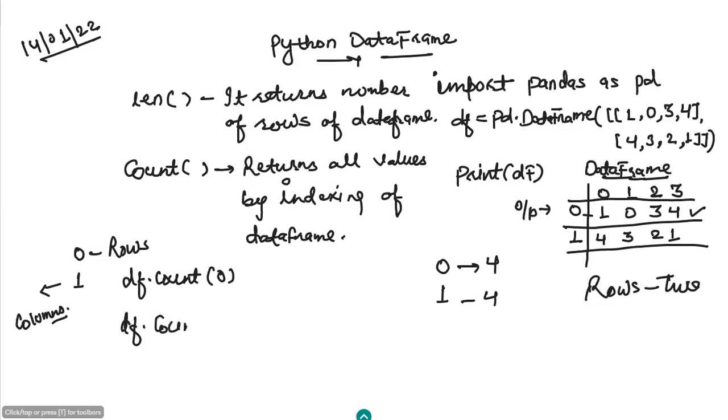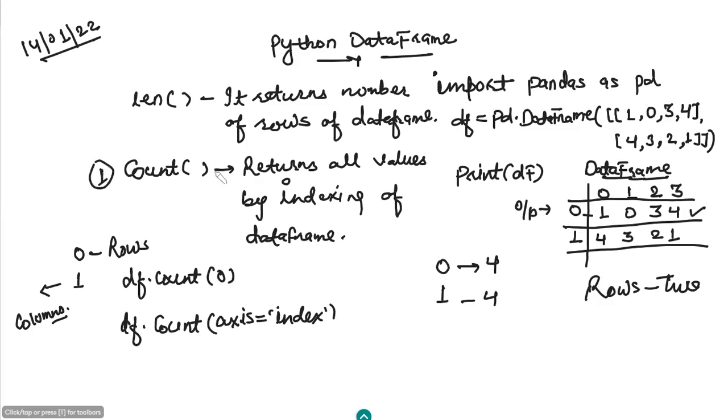Just write count, then axis, and just pass the value of the axis index. So you will get the same output from these three functions.